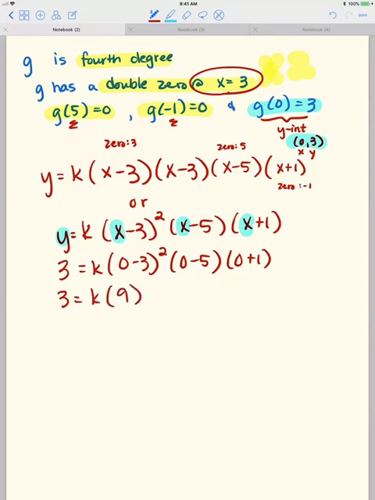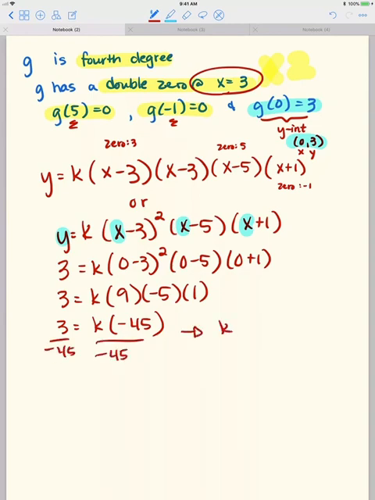I get that that's 9 times negative 5 times 1. That's negative 45. Which if I divide both sides by 45, I get a constant of negative 1/15, which needs to stay 1/15. Do not give a decimal for it.